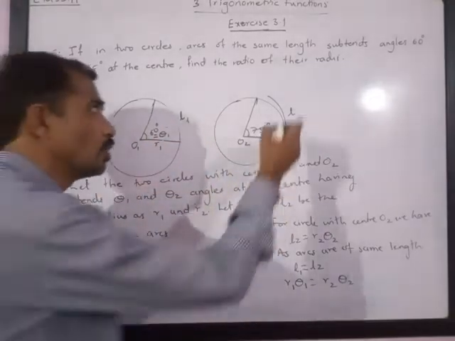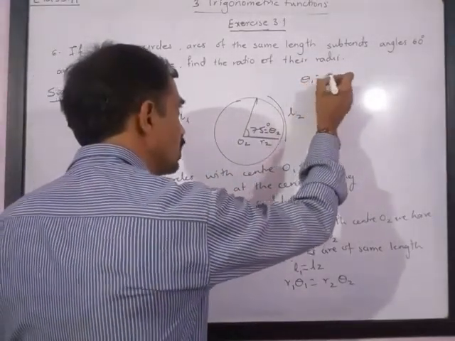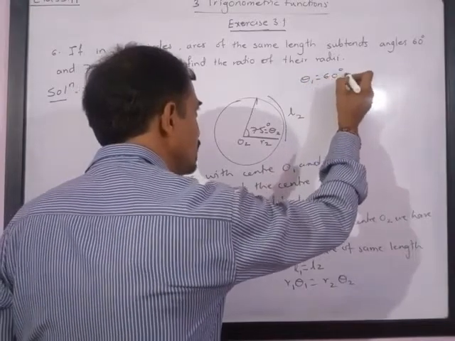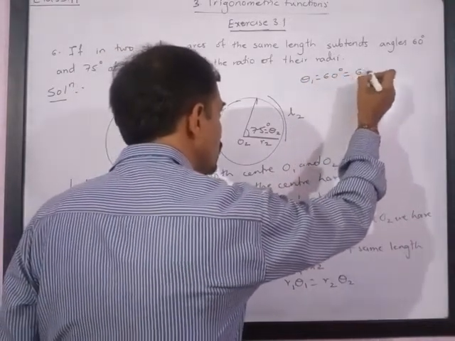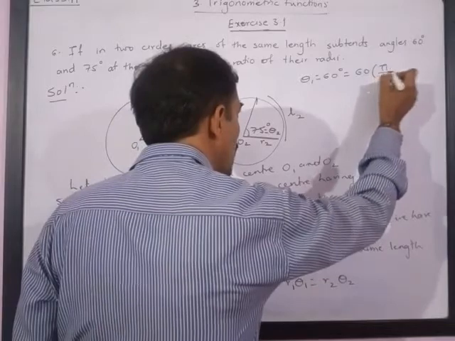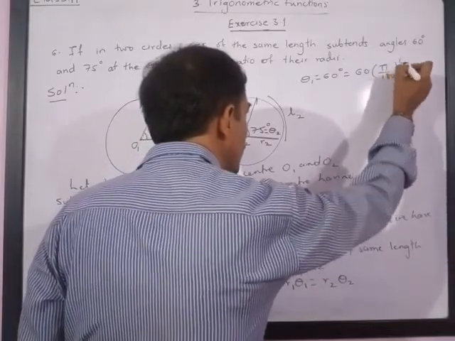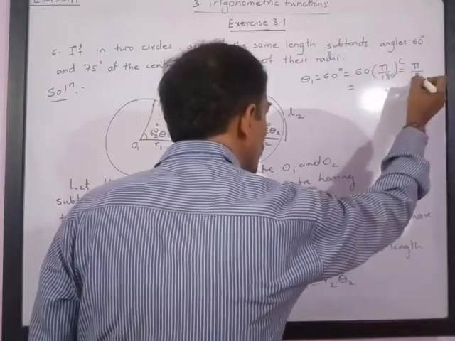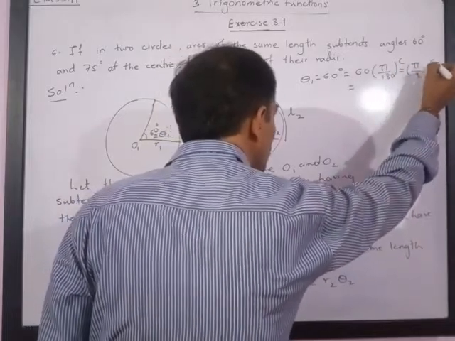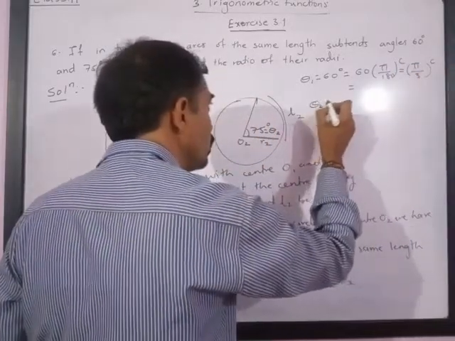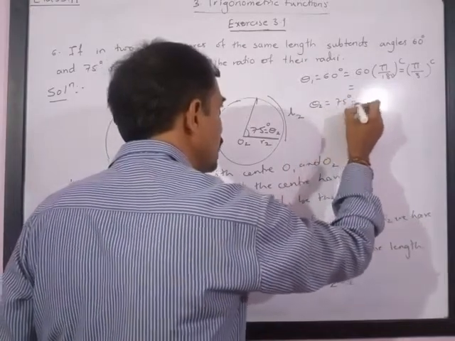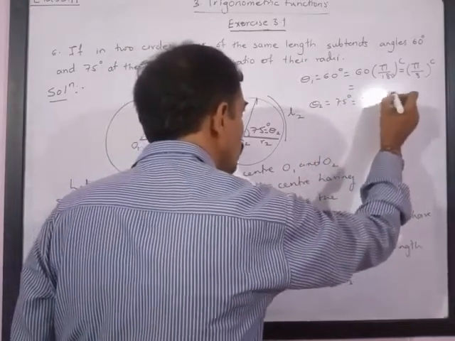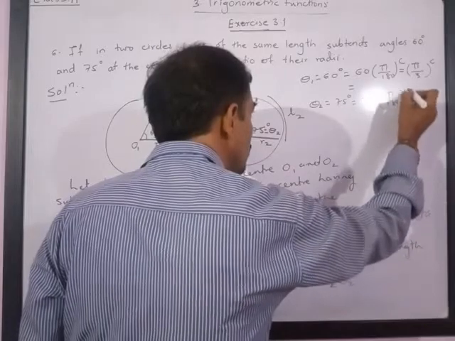Theta 1 is equal to 60 degrees. It means it is equal to 60 into pi upon 180 radians. So that is equal to pi upon 3 radians, since 6 threes are 18. And theta 2 is equal to 75 degrees. That is equal to 75 into pi upon 180 radians.